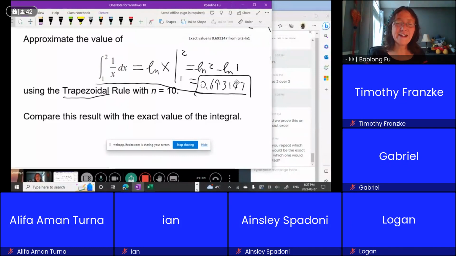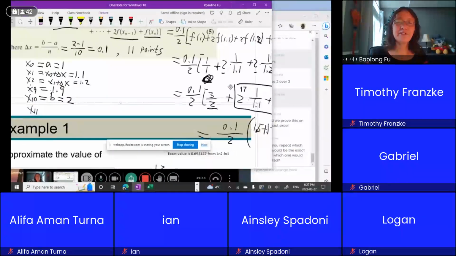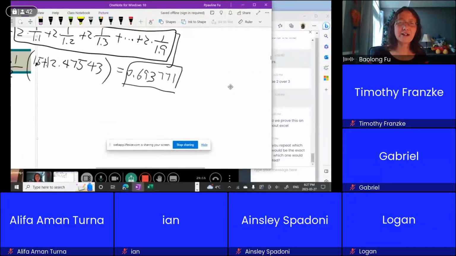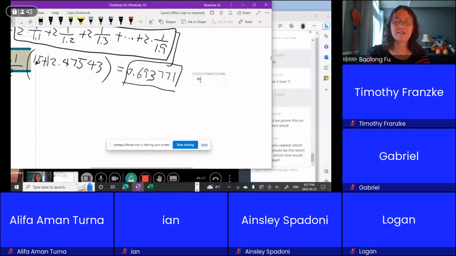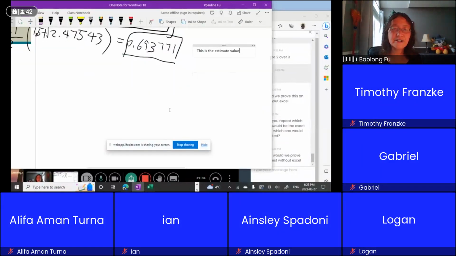And what is the estimate value? Okay, the estimate value is here. Our calculation result, this number, is the estimate value. And this is also available on the slide here.